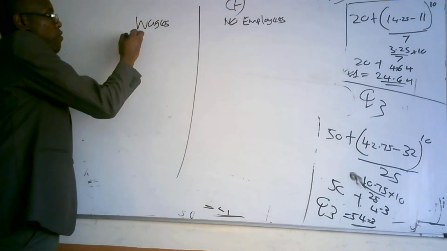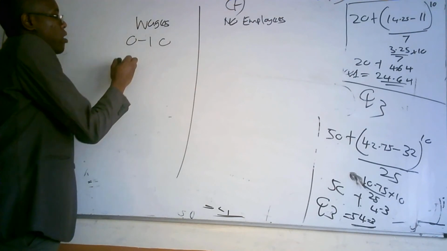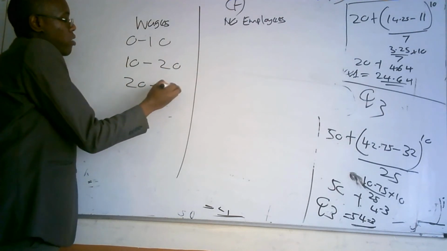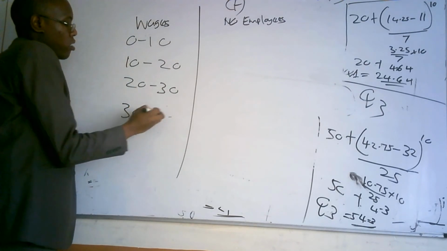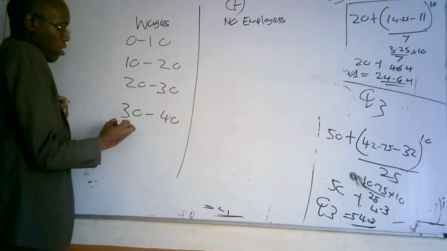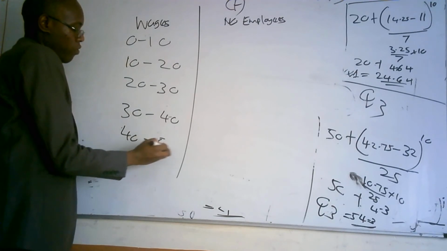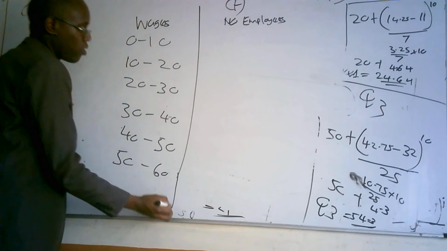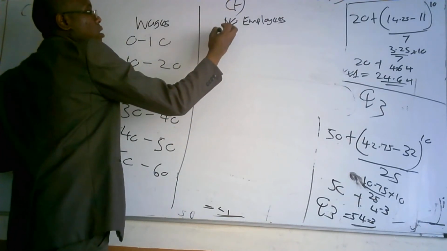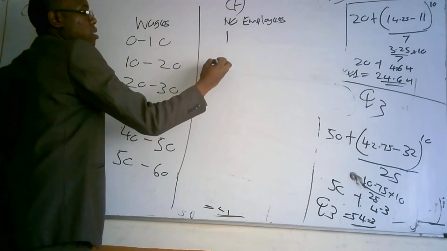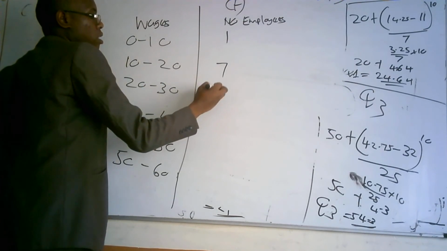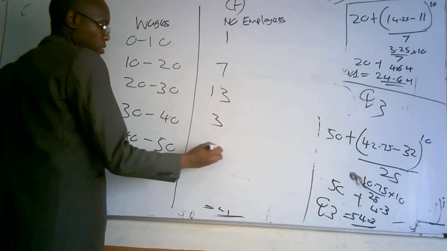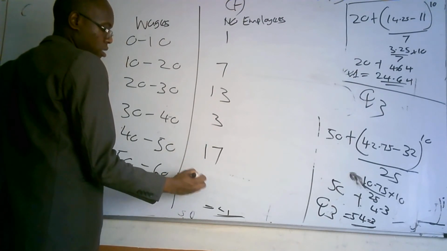So we are going to have 0 to 10, 10 to 20, 20 to 30, 30 to 40, then 40 to 50, 50 to 60. So here you are going to have 1, maybe 7, 13, 3, 17, 39.